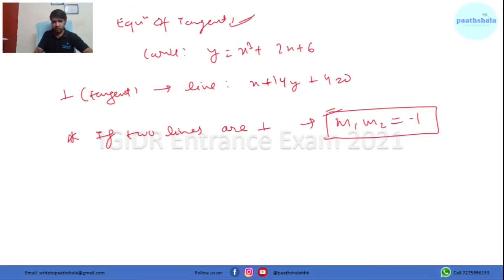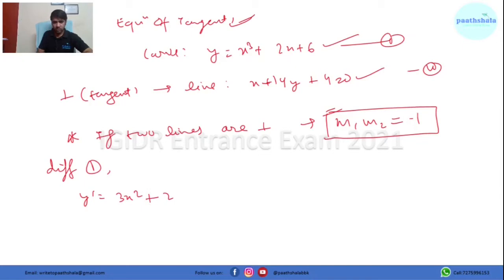So we can find out the slope of the tangent with the help of the curve, and we can find out the slope of this perpendicular line by differentiating it. Let's take this as equation 1 and this as equation 2. Differentiating equation 1, we get y dash equals to 3x square plus 2, and differentiating equation 2, we get 1 plus 14 y dash equals to 0.